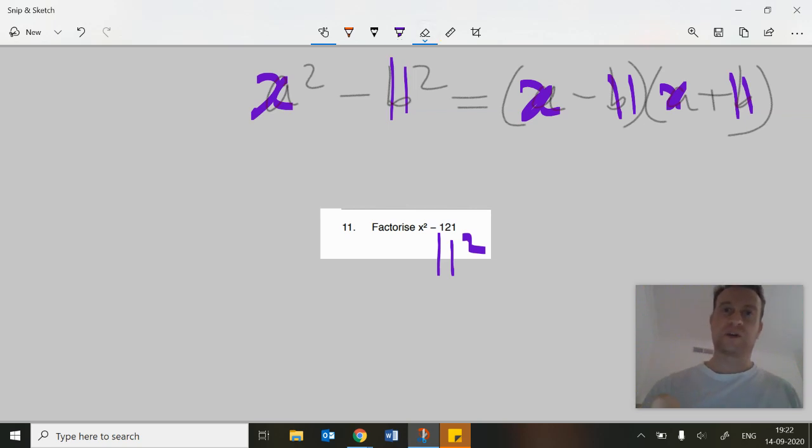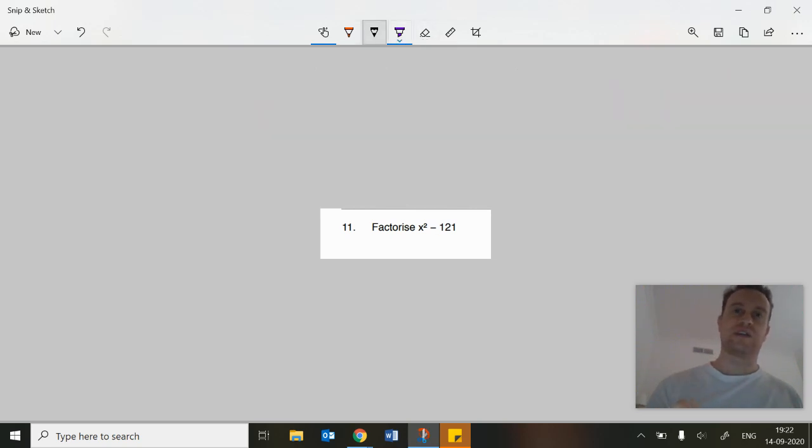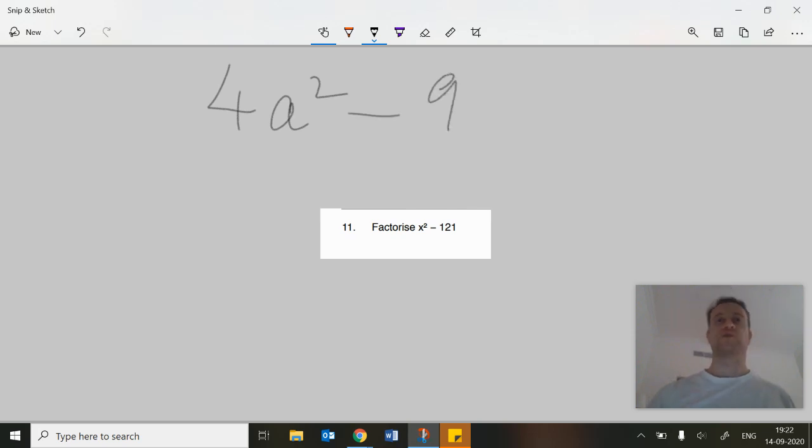Now these questions get slightly more interesting when you're doing things like 4a squared, let's say, and then take away 9. You have to identify what is being squared in each case in order to go to that format. So we've got here 2a all squared, since 2a times 2a is 4a squared, take away 3 squared.